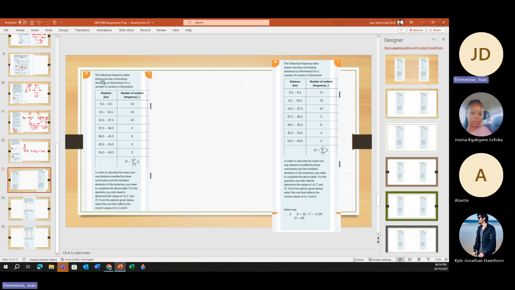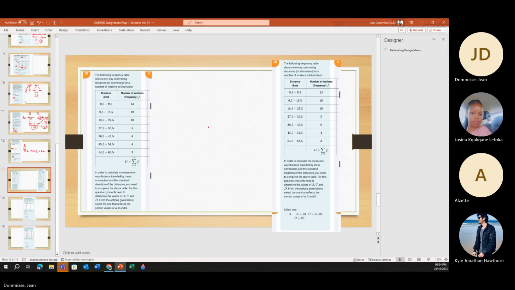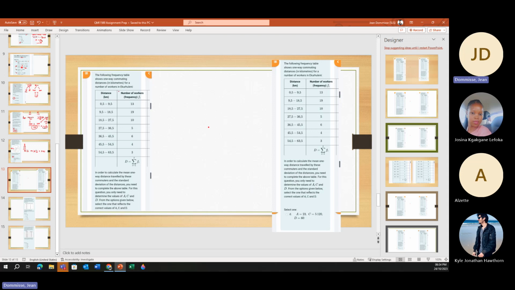So the following frequency table shows one-way commuting distances for a number of workers in Ekurhuleni.